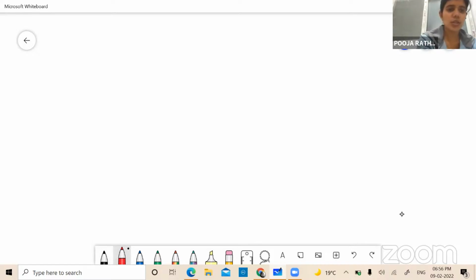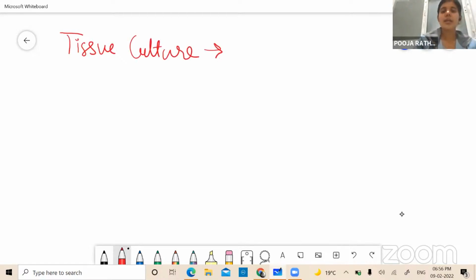What is tissue culture actually? Tissue culture is something that is done artificially to grow the plants which we want, according to our needs. Tissue culture is an artificial means of growing plants.